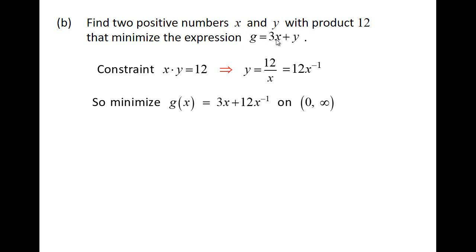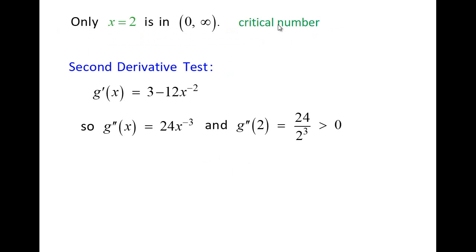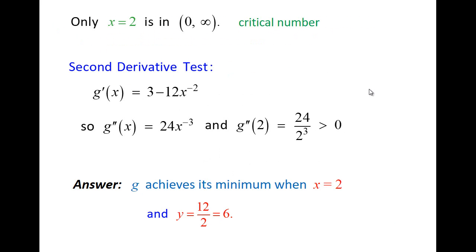We're going to get 12 for the value of g if we pick x to be 2 and y to be 6. So you can see that there are many different ways we can pick values of x and y so that their product is 12. But we want to pick the one that gives us the minimum value of g, and the minimum value of g occurs when we pick x to be 2 and y to be 6.